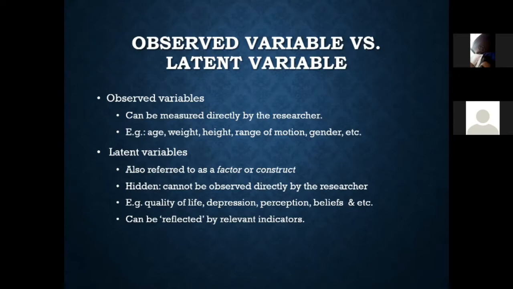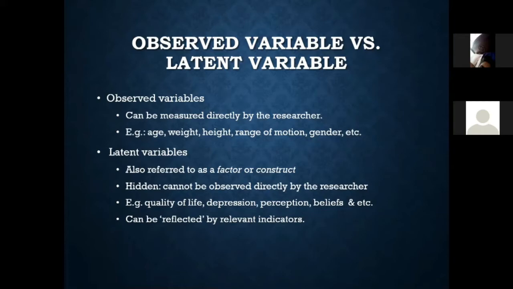Say for instance, age. Age can be easily determined, years old, for instance. Weight, you will have your weighing scale. Height, range of motion. You can always use a goniometer to determine the degree of rotation, as well as gender, male, female. That one is observed variable, the one that you can see directly.